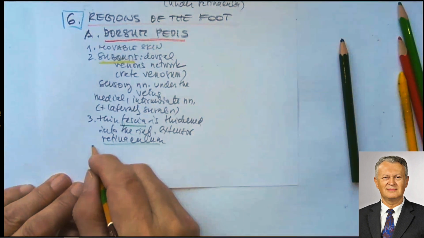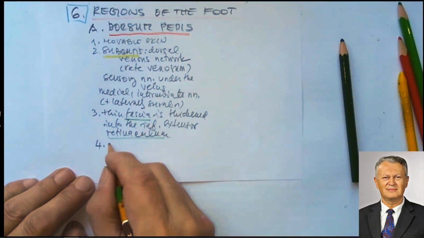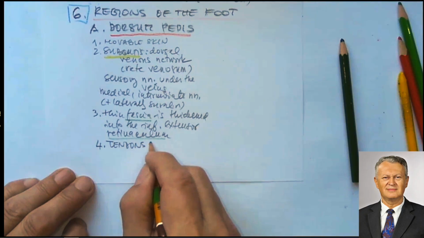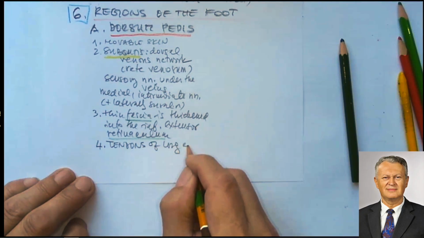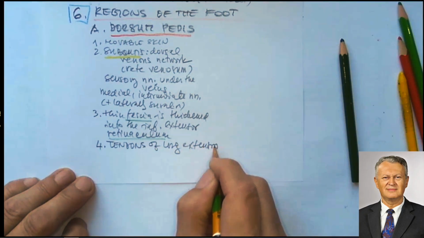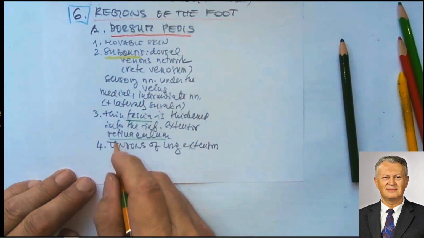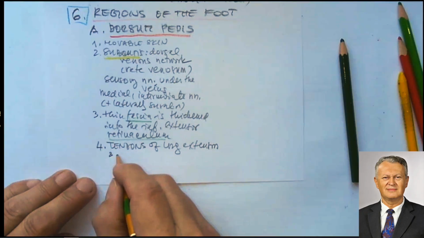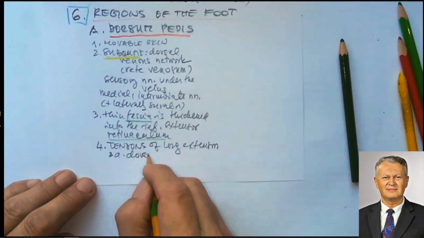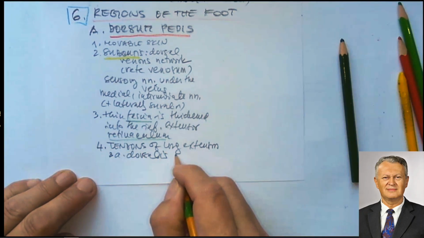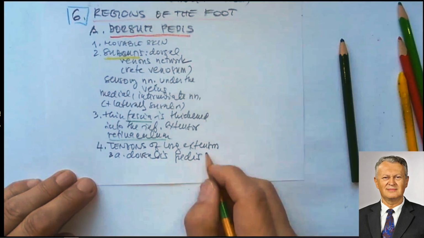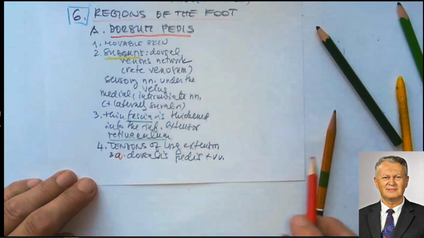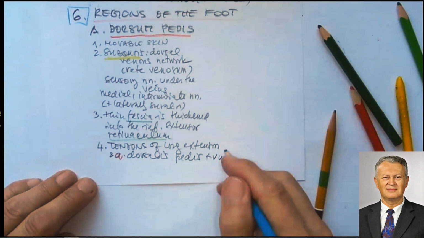Then follows the group of tendons of long extensors, sufficient extensors. Then are the arteria dorsalis pedis, because this runs between them, plus veins, arteria dorsalis pedis plus veins.